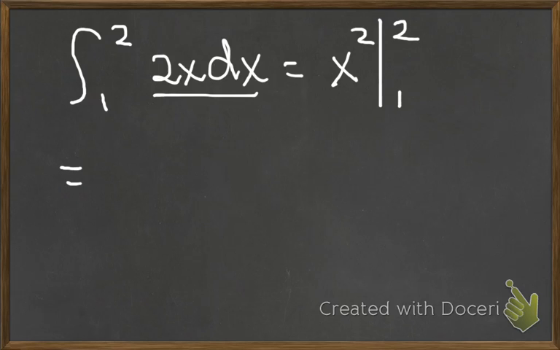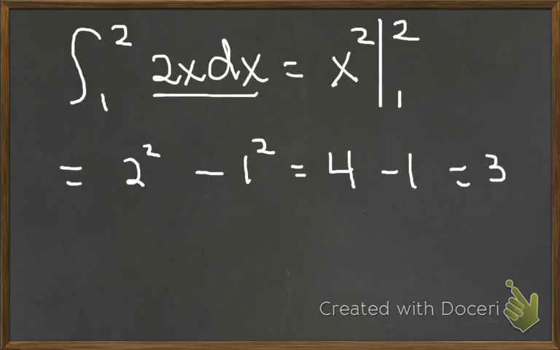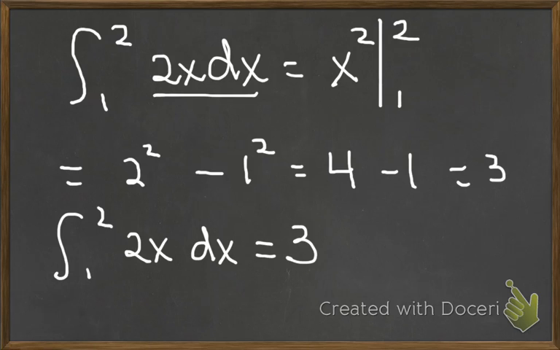I plug the upper limit into the antiderivative, so that's 2 squared, and I subtract what I get when I plug in the lower limit, which is 1 squared. That's 4 minus 1, or 3. So the integral from 1 to 2 of 2x dx is equal to 3.